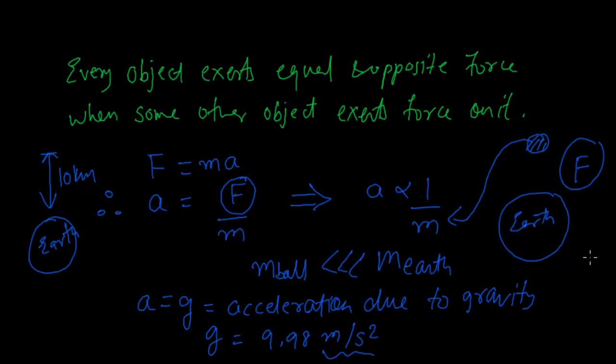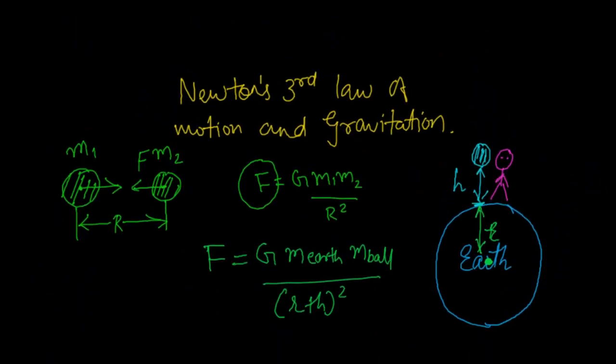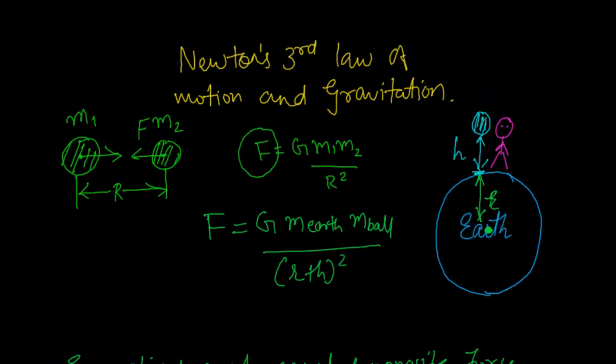Let us have a brief recap about this. Newton's third law of motion and gravitation. We considered two masses, m1 and m2, and we know that both of them would attract each other by force F is equal to G into m1 into m2 upon r square.